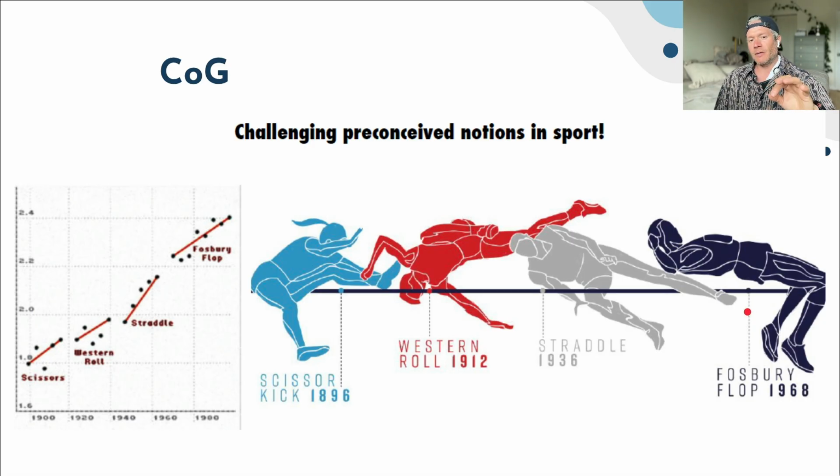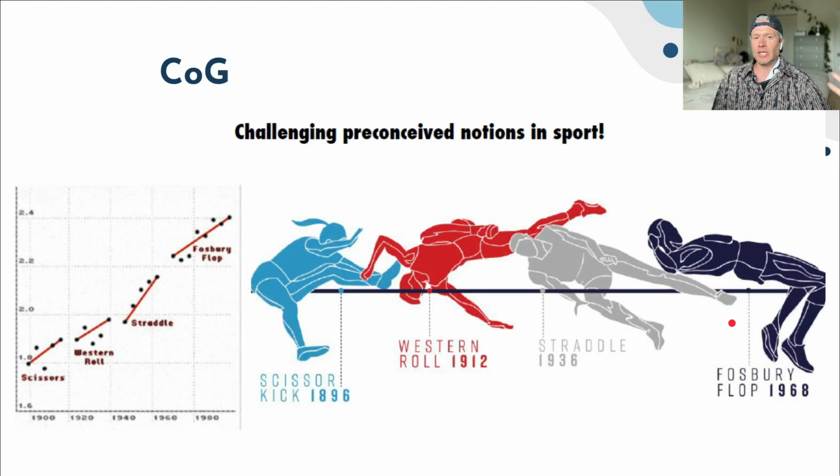And because of that, you can technically jump with the bar being set higher, right? So again, this technique change just leveraged this capacity to move our center of gravity outside of where our body actually is traveling, and therefore be able to jump higher, which is pretty cool. Yeah, so some application there for our center of gravity in sports.